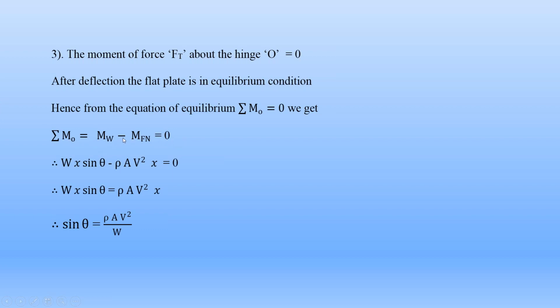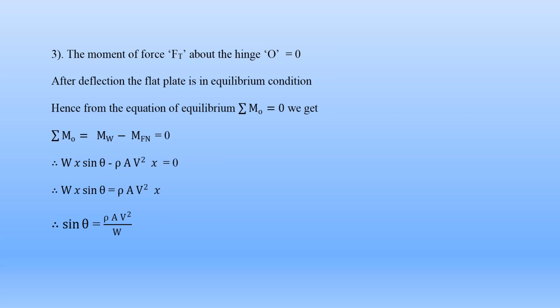From this, W x sin theta minus rho A V square into x equals 0. By simplifying this equation, we finally got sin theta is equal to rho A V square by W. On the right hand side, rho is the density of water, A is the cross sectional area of the water jet, V is the velocity of the water jet, and W is the weight of the metal plate.